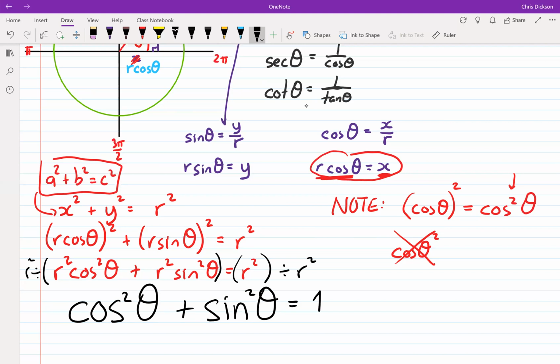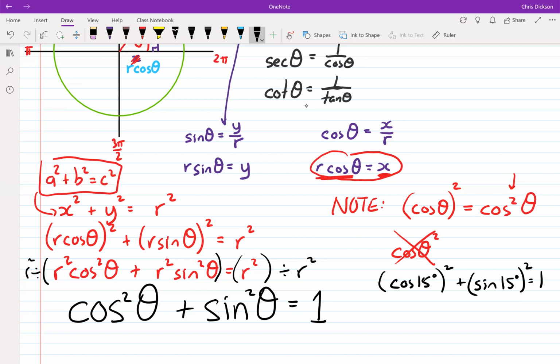And if you have a calculator handy and you want to test this, just pick any angle you want, like 20 degrees, or pi over 5 radians. If you're in degree mode, you could check this right now: cos of 15 degrees, then square that, and add that to the sine of 15 degrees, squared, and it's going to equal 1.